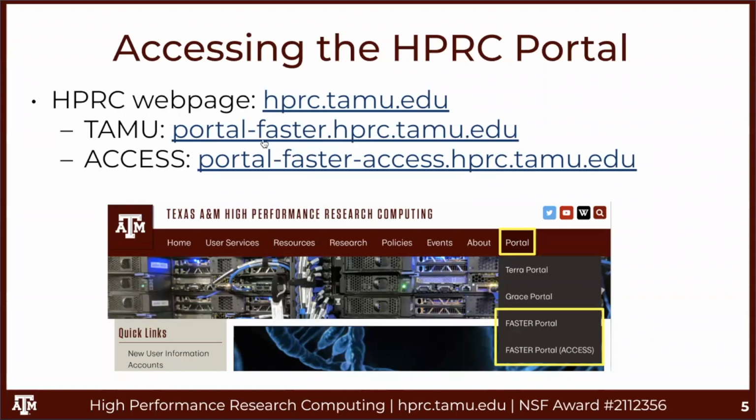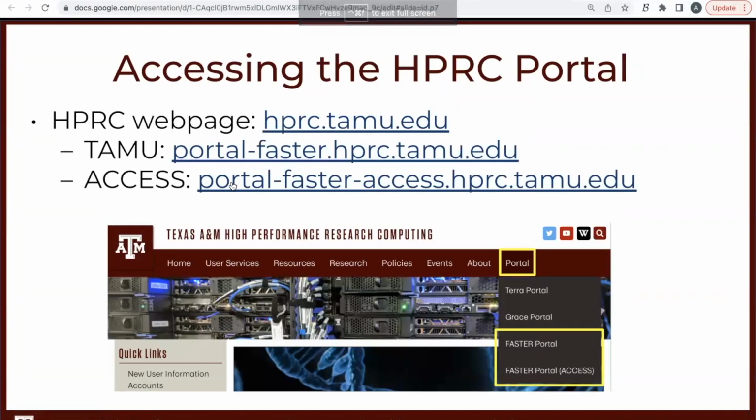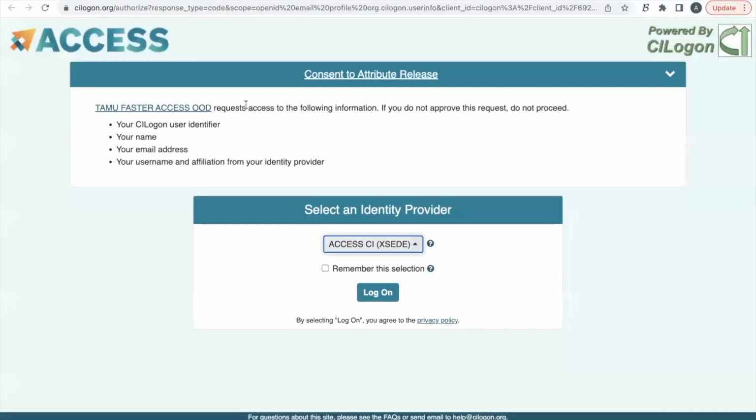This is the HPRC web page, and here we have, for TAMU users, this link. You can use this to access the portal. And for the ACES users, we have this link. I'm going to tell you how you can navigate to our Linux cluster through this Open OnDemand portal.